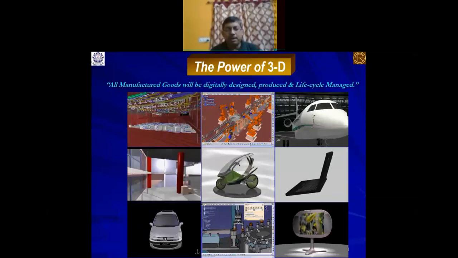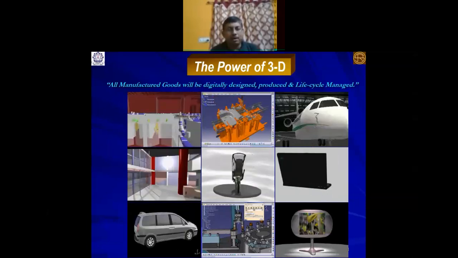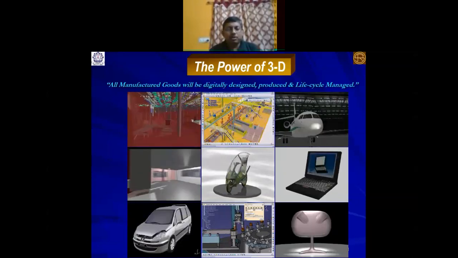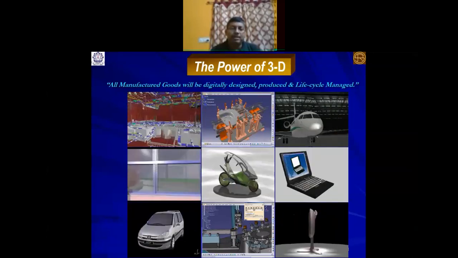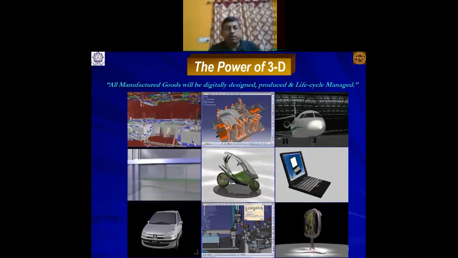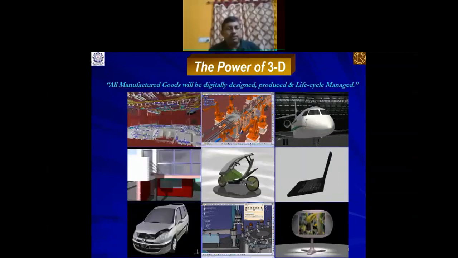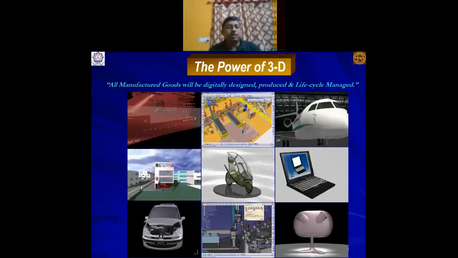Whatever examples I'm showing here, all are 3D models of the product, not your physical model. So if you can place this type of digital model in front of the concurrent engineering team, they can easily conceive your concept, and they can properly evaluate your concept instead of taking the 2D drawing.